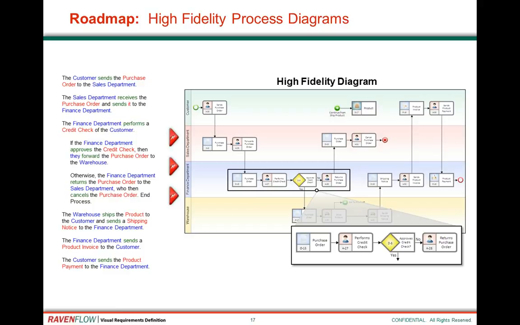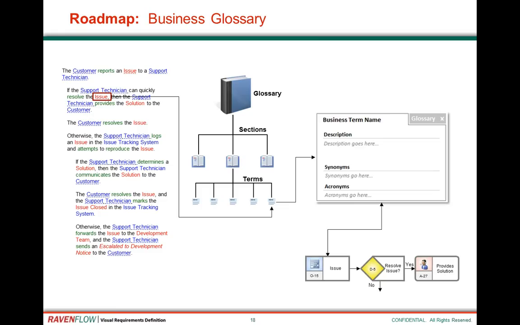Well, you'd be able to produce a diagram that is very high fidelity and much more compelling and easier to understand by the broadest set of stakeholders possible. So we're getting a lot of interest in that type of thing where, yeah, the BPMN standard is great, but I need something to draw in more business owners, to describe the process in a way they really understand and appreciate. So we're working on this.